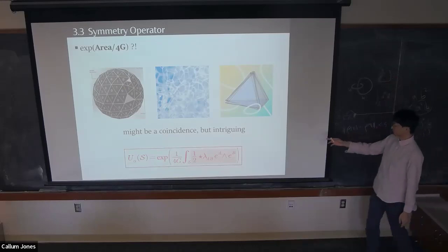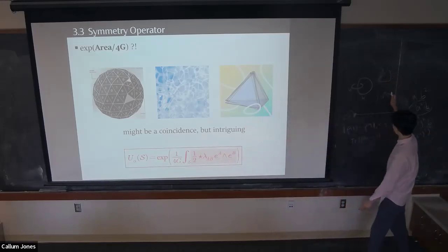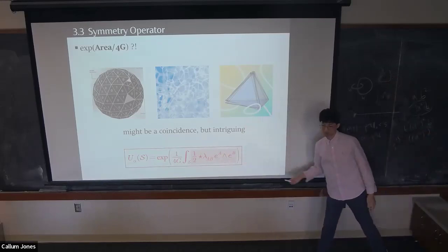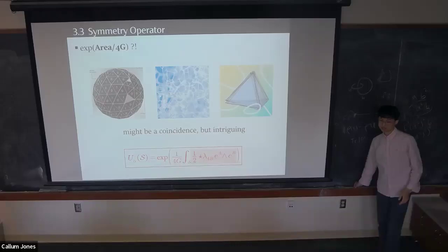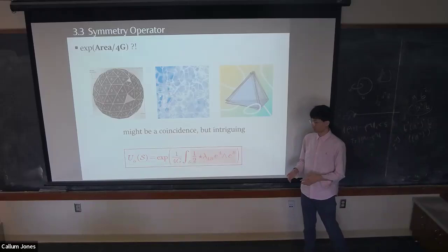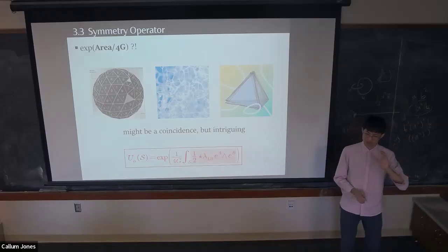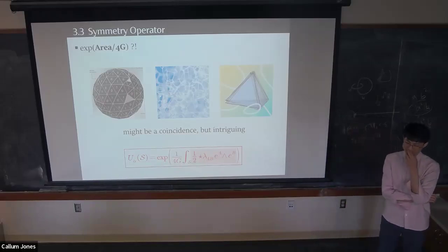So this proposal is solving this problem by smearing this vector by the lambda. And this was the only operator that we could prove generates the one-form symmetry transformation of the Wilson loops. This was the only proposal that we could think of.